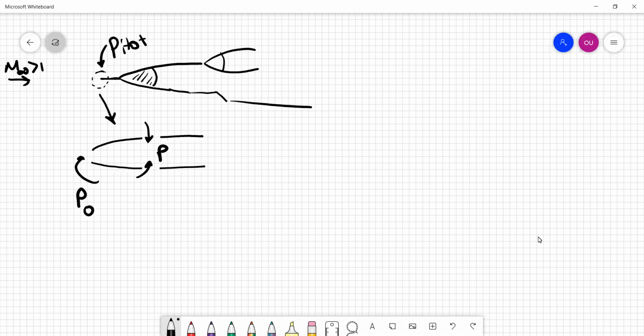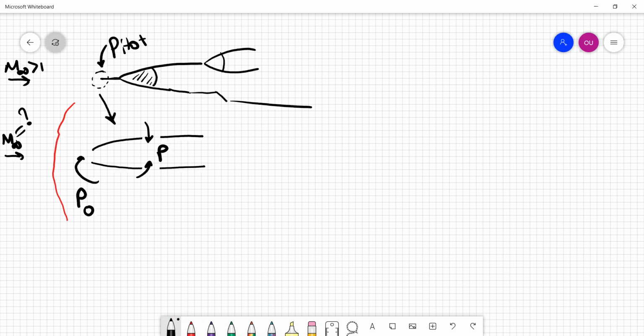Using these two measured values, the flight computer calculates M infinity, the flight Mach number. When the aircraft is flying supersonically, there is generally a shock wave sitting right in front of this pitot tube, a detached bow shock wave. What we want to know is the flight Mach number of the aircraft.